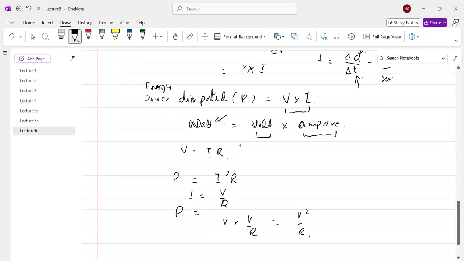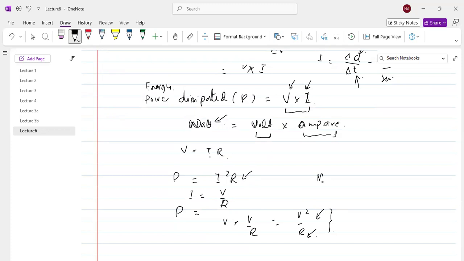There are different forms of expression for power dissipated in a resistor. For example, if the potential difference and current flowing through the resistor are given, then this formula will be used. If we know the resistance of the resistor and the current flowing through it, this formula would be used. And if we know the potential difference and resistance of the resistor across which the battery is applied, then we will use this relation.